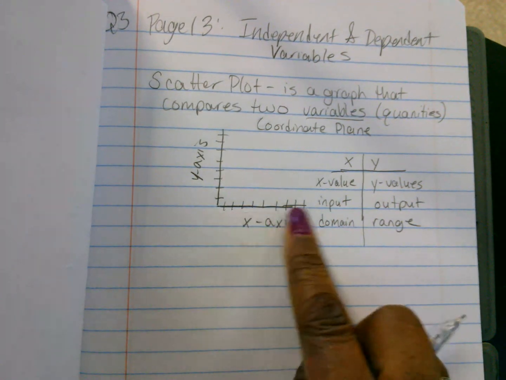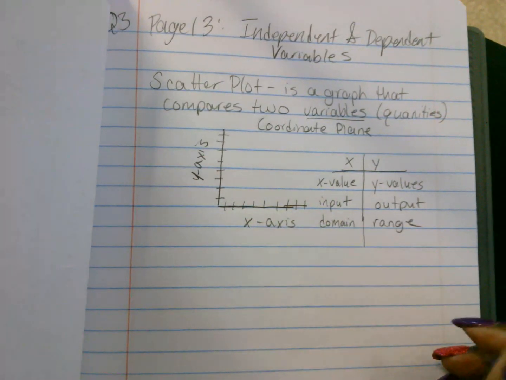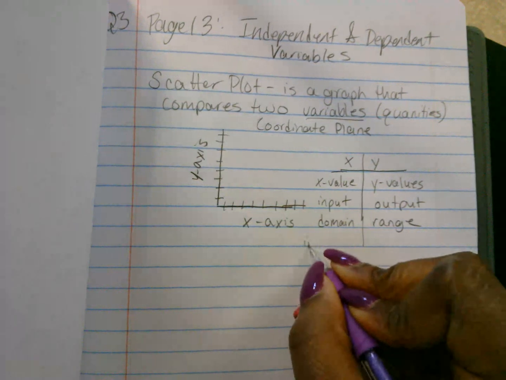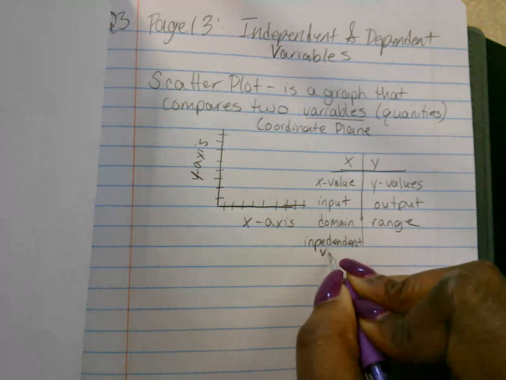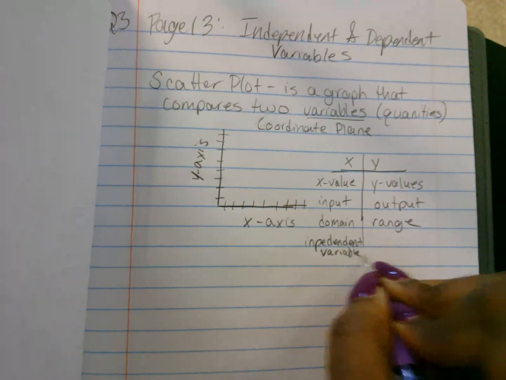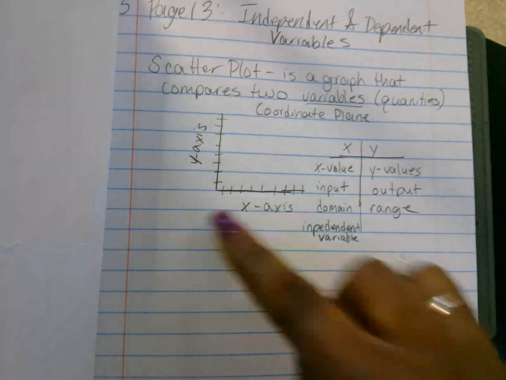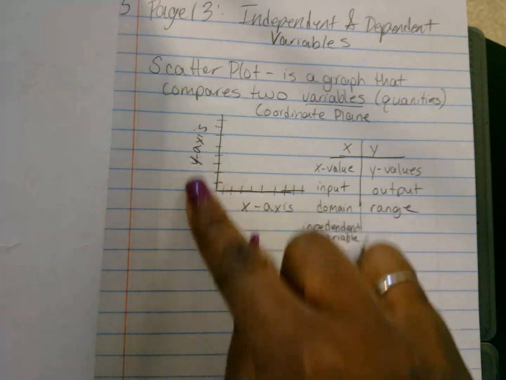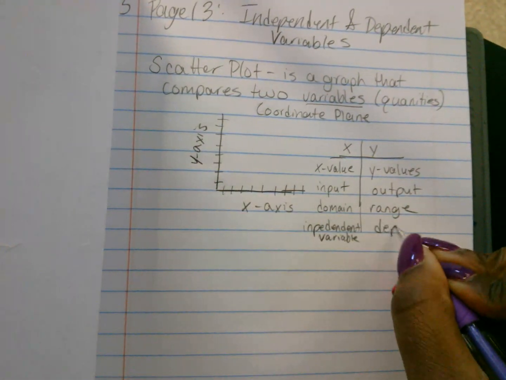If we're looking for what we call the x values or input values or our domain, we can also call them the independent variable. If we're looking for the numbers along the y-axis or our y values, it will be our dependent variable.